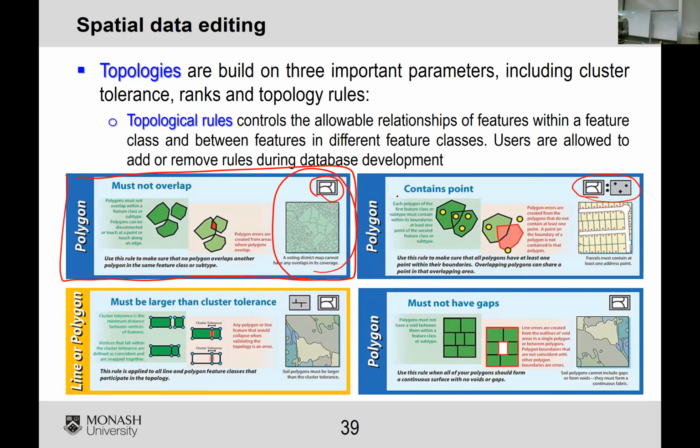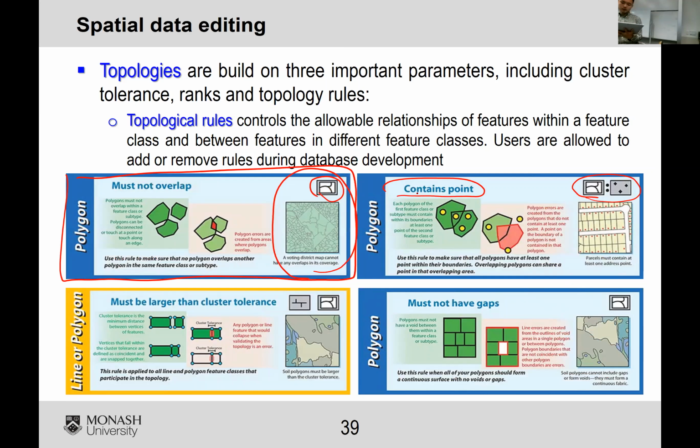This basically defines how the polygon should contain points. If the point is not within the polygon, then this is the error. Okay? So you can see all these topology rules should be applied in different scenarios based on the source or the nature of your data.